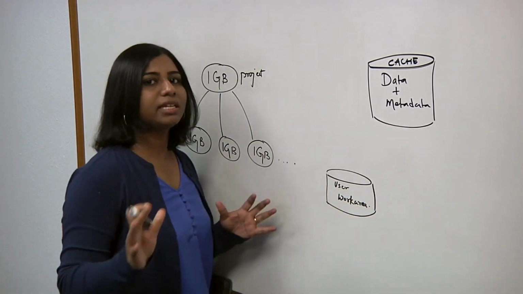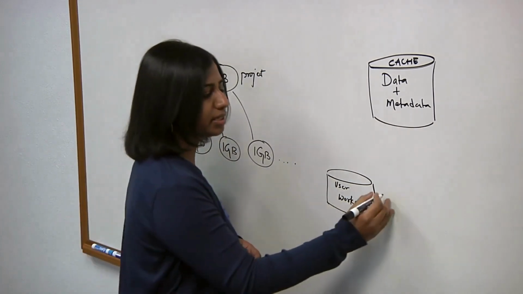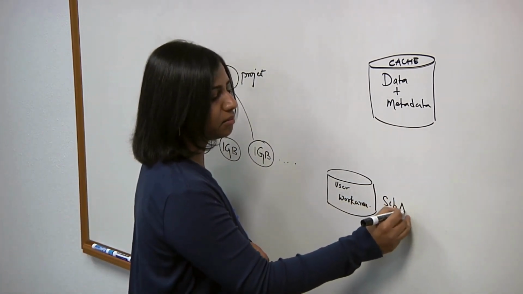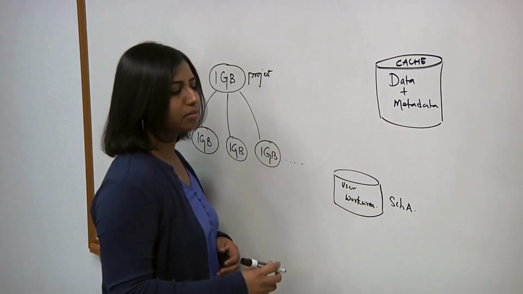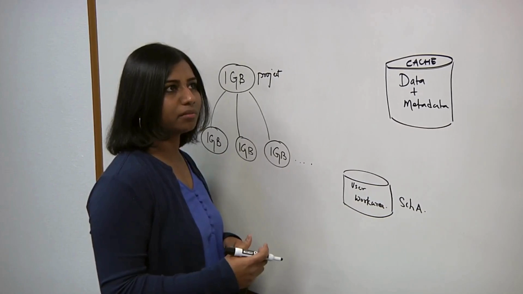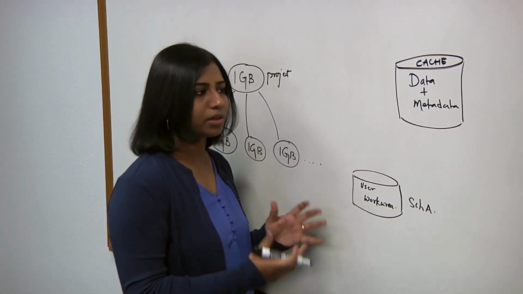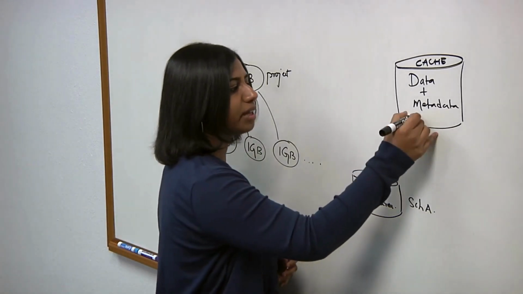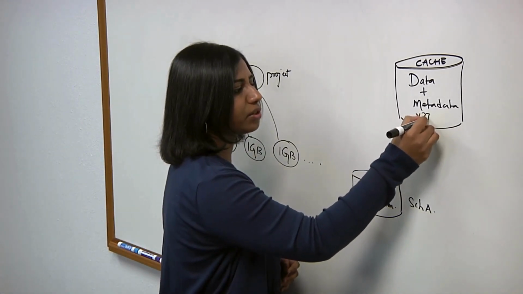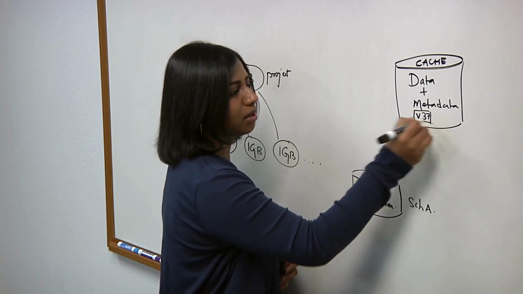And we'll take an example of a schematic and call it schematic A. Now, you're probably using a version of the schematic in your work area for running your simulation or other purposes. So let's call that version, say for example, version 37.